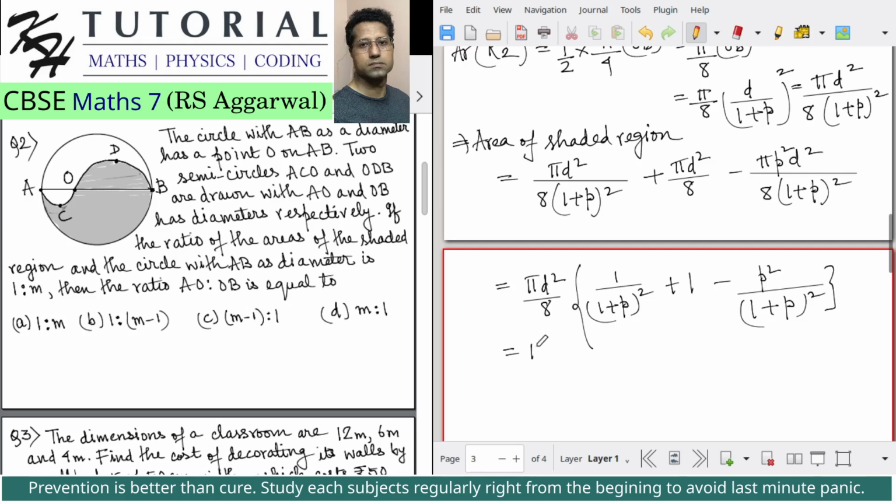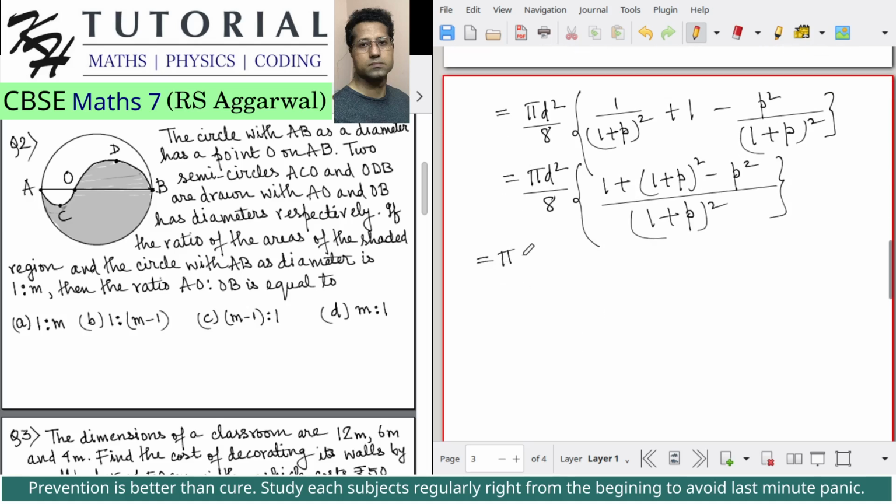So this is equal to pi d square by 8. Now if we simplify inside the bracket, we have (1 plus p) whole square minus p square divided by (1 plus p) square.